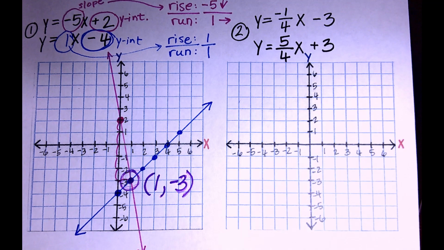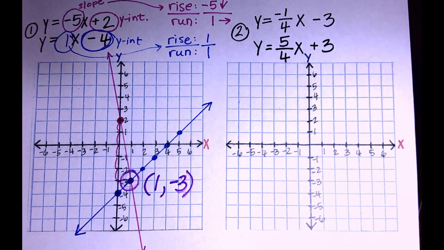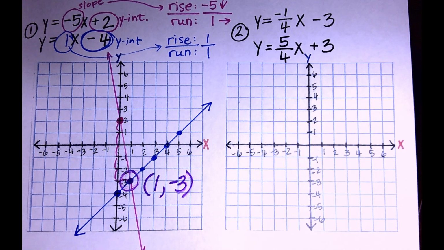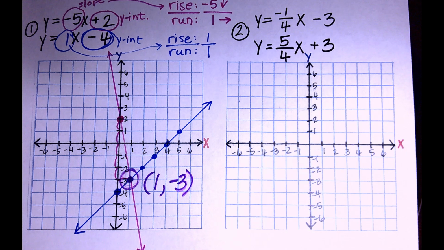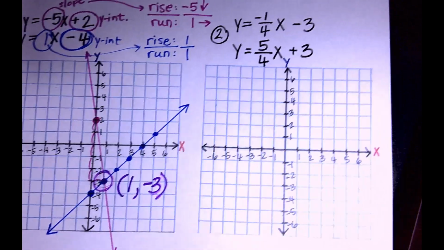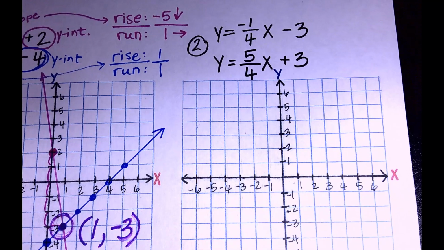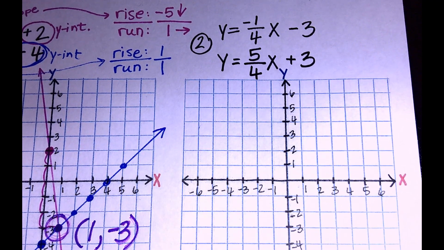Any questions on number 1 at all? Is everybody ready to go to number 2? Okay, let's look at number 2. Now I have y equals negative 1/4 x minus 3 and y equals 5/4 x plus 3.